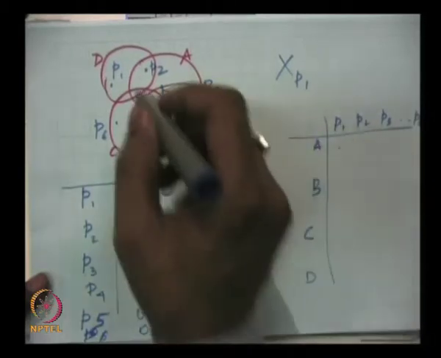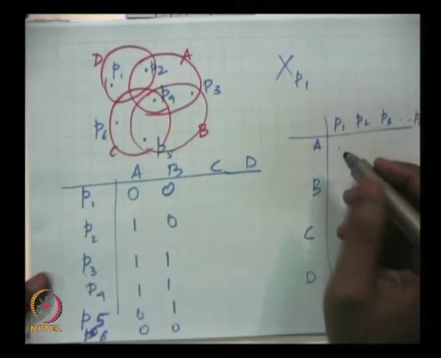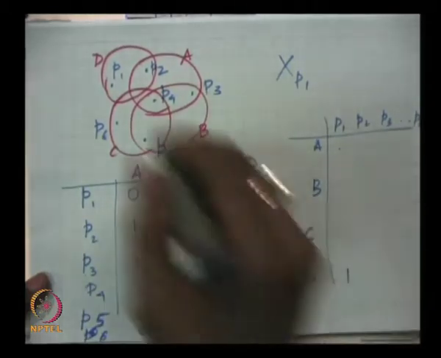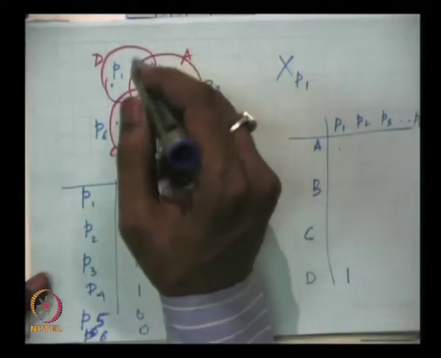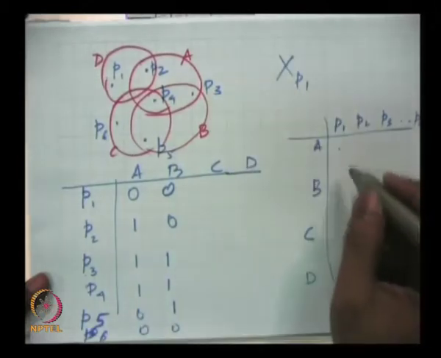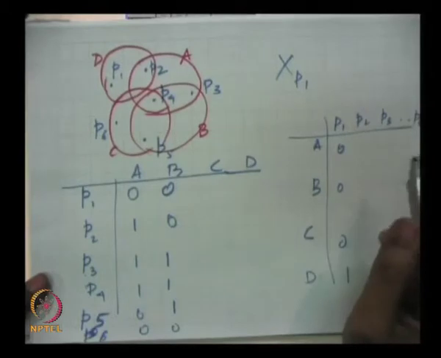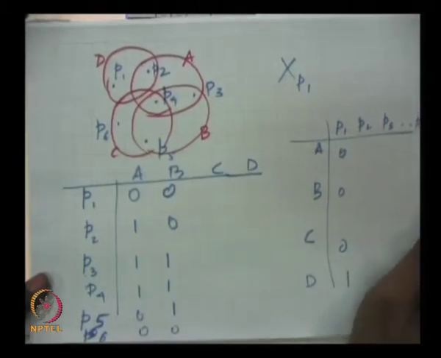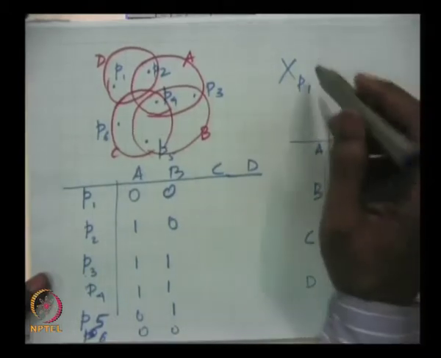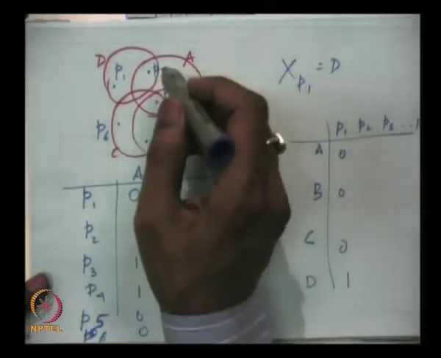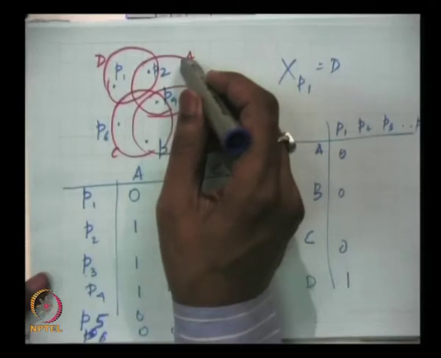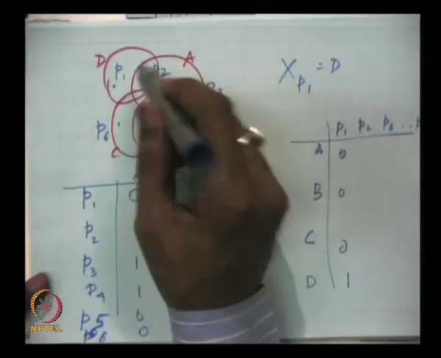So, let us say P1 lies in D. P1 lies only in D, nothing else, right, everything else is 0. So, what is X P1 then? It is just D, right. P2 is contained in A and D, right.